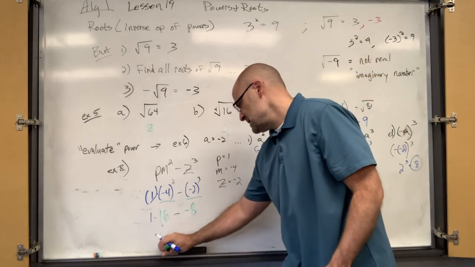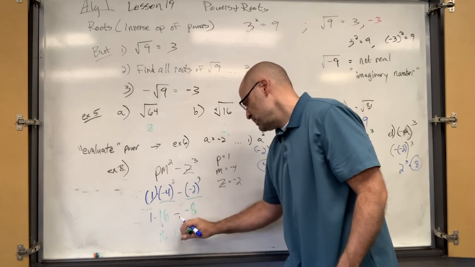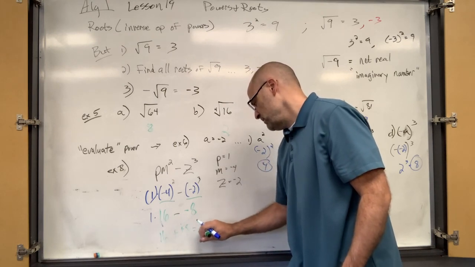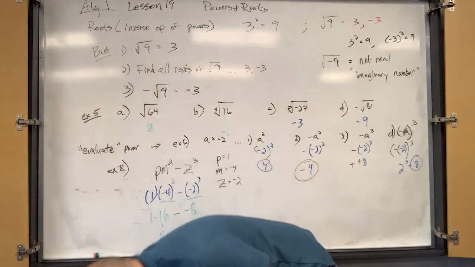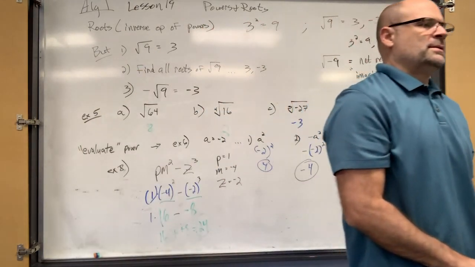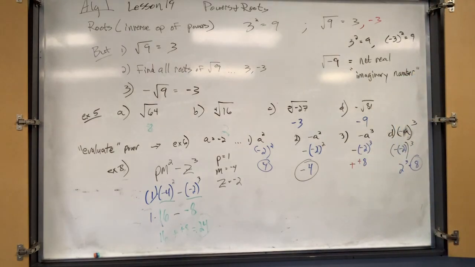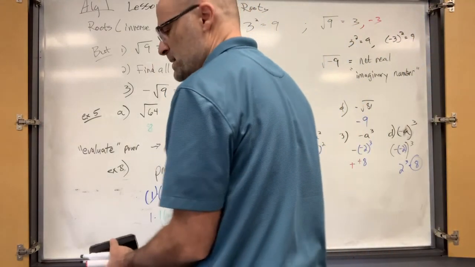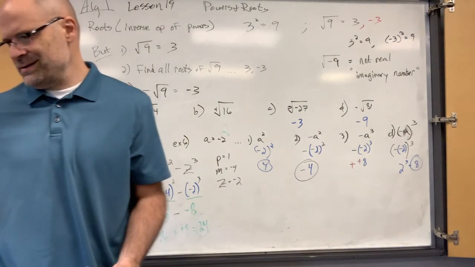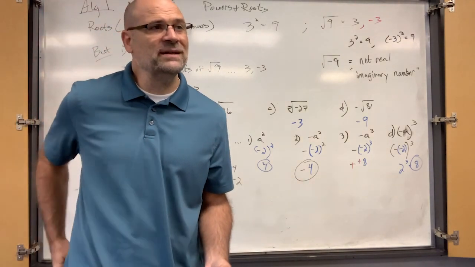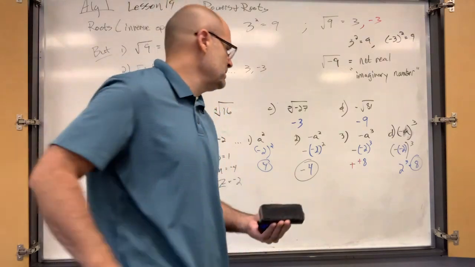Okay, so you got 16 plus positive 8, which is 24. Okay, awesome. Good? So see how the devil is in the details, they say. This is where it'll get you if you're not paying close attention to the details, okay?